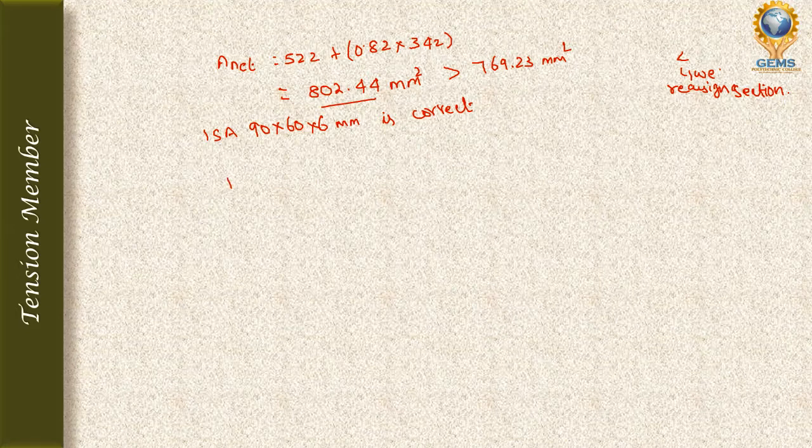Then what is the tensile strength of the angle? PT is equal to area net, 802.44, into sigma AT, 156. So it comes as 125.18 into 10 to the power 3 Newton, or 125.18 kilonewton.